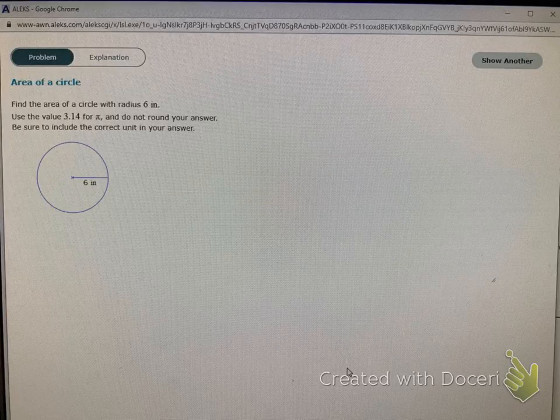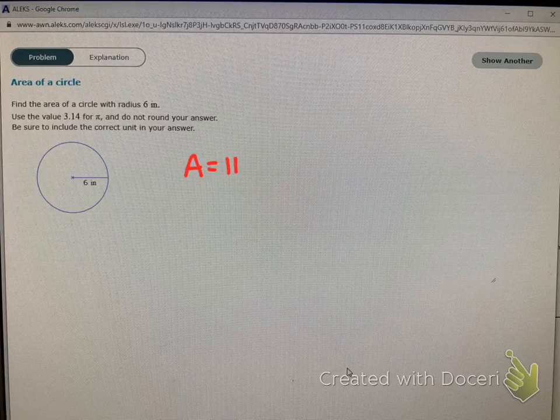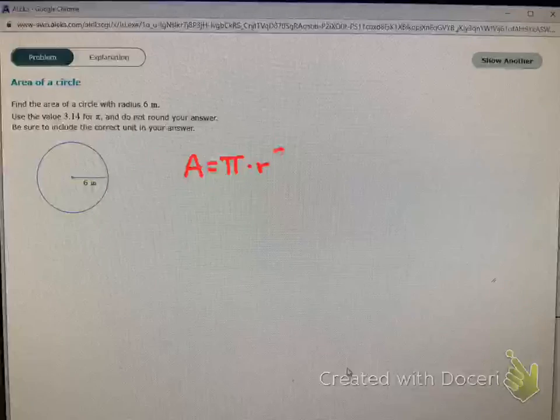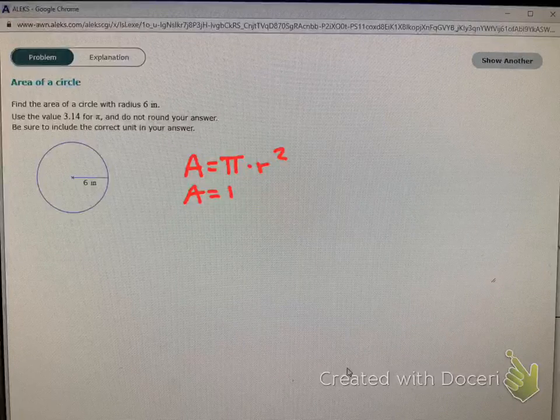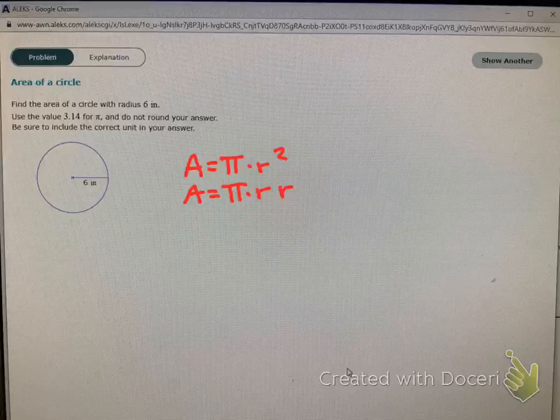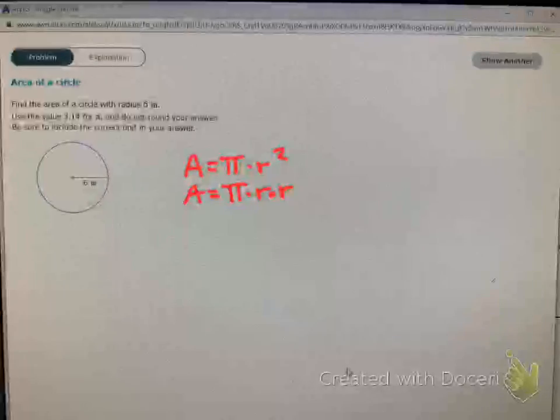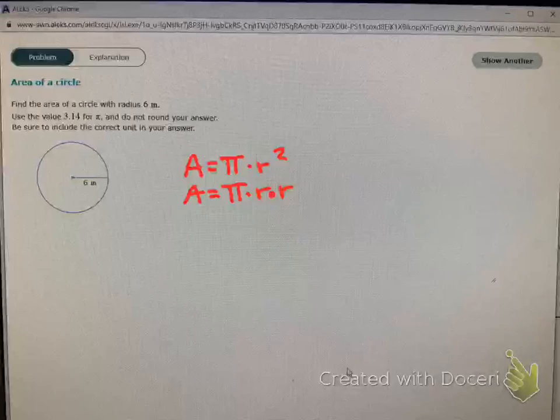So if we remember our area formula from our second worksheet, it's area equals pi times the radius squared. And remember in class we said that's the same thing as saying pi times the radius times the radius. That's not r times 2, it's r times r. So because of that, we're going to plug in our 6.